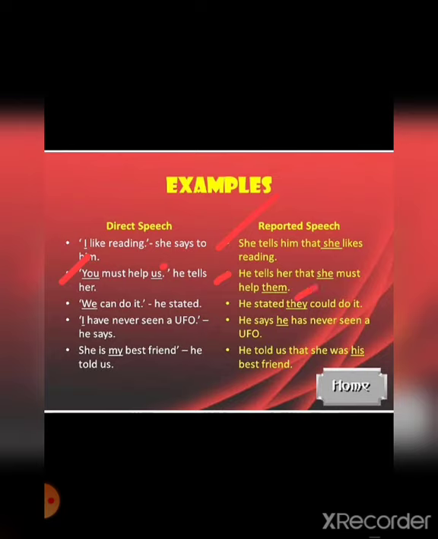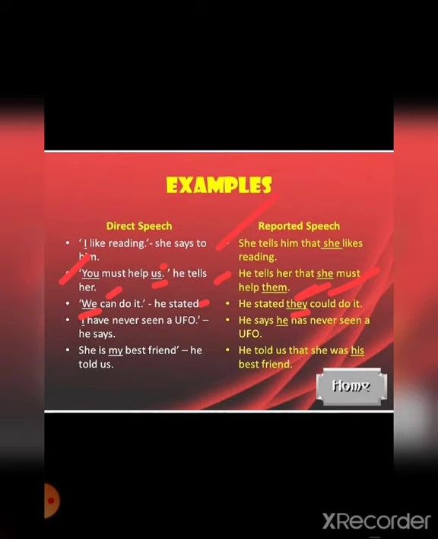So see the change of pronoun over here. He tells her that she must help them. Next. We can do it, he stated or he said. So he said that they could do it. So "we" becomes "they". After that "can" becomes "could".